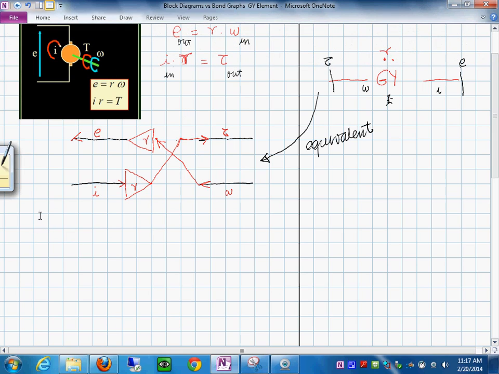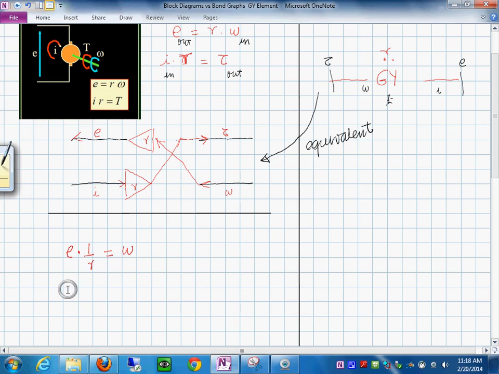So let's just pick this line over here. And let's try to rewrite this equation. If we rewrite the equation, I could say, E times 1 over R is equal to omega, like that.